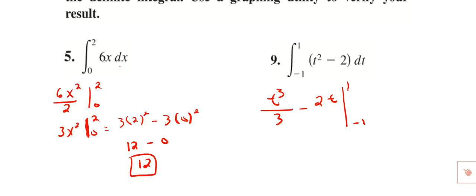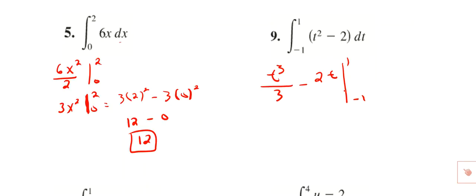Now we will evaluate this function at the upper limit, and then we will subtract the evaluation at the lower limit from this. So we'll evaluate the antiderivative at the upper limit, which is 1. So 1 to the third power is 1 over 3, and 2 times 1 is 2. Minus, now we're going to evaluate at negative 1.